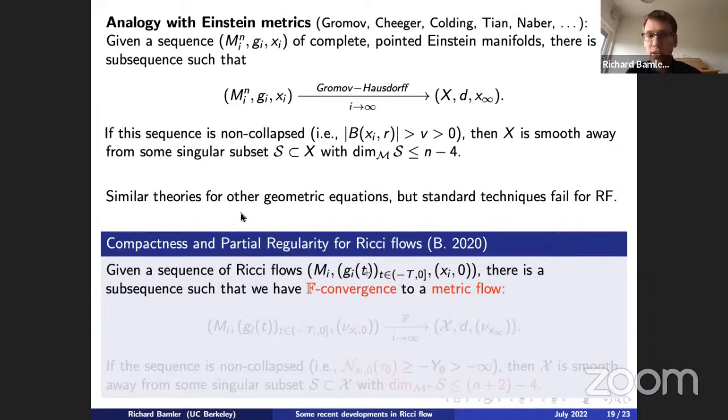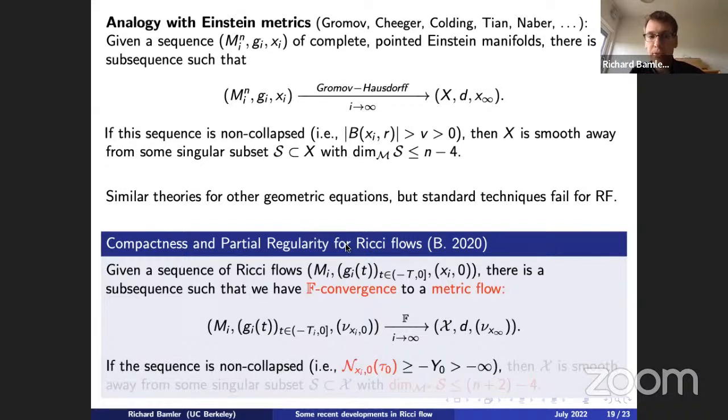This is a new notion, some kind of parabolic version of Gromov-Hausdorff convergence, so I had to define this anew. And it F-converges to a metric flow, which I'll call script X. Again, a metric flow is a parabolic version of a metric space, again a new definition. This metric flow may a priori be very irregular. However, if we impose a non-collapsing condition, which is now expressed in terms of the pointed Nash entropy at the base point.